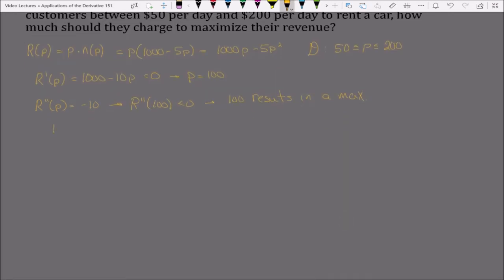Thus, they should charge $100 per day to maximize revenue.